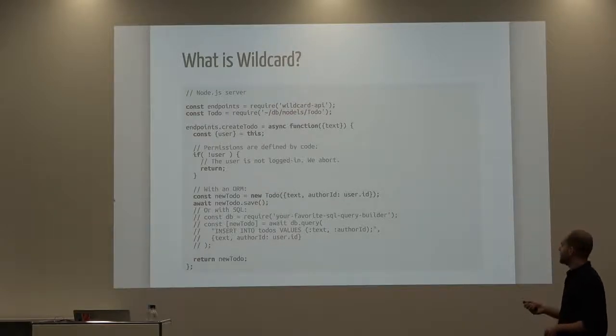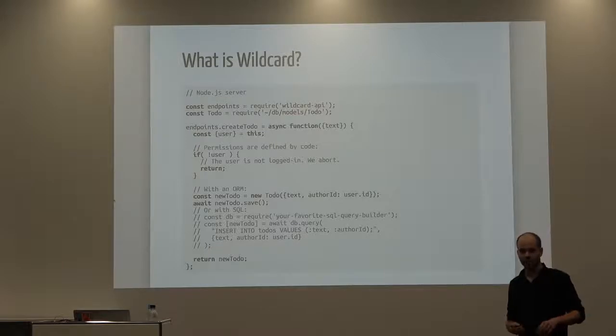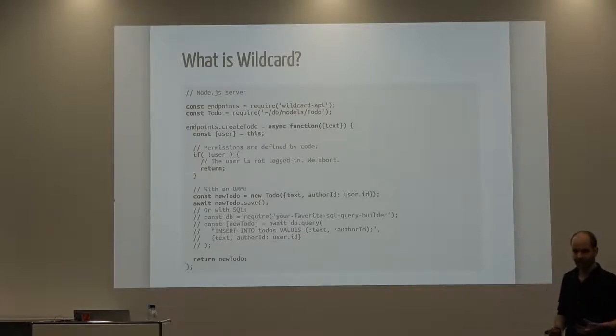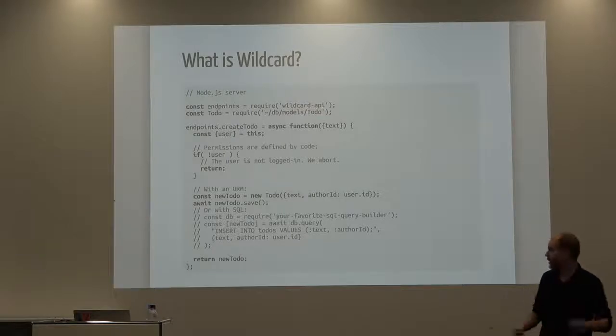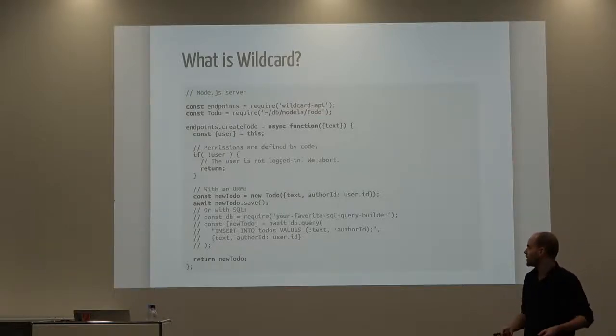So for example here, you create a create-todo function, and you use your ORM or SQL to actually retrieve data. But that's entirely up to you. What you do in this function has nothing to do with Wildcard, that's up to you. You can use any SQL or ORM query to retrieve or mutate data.